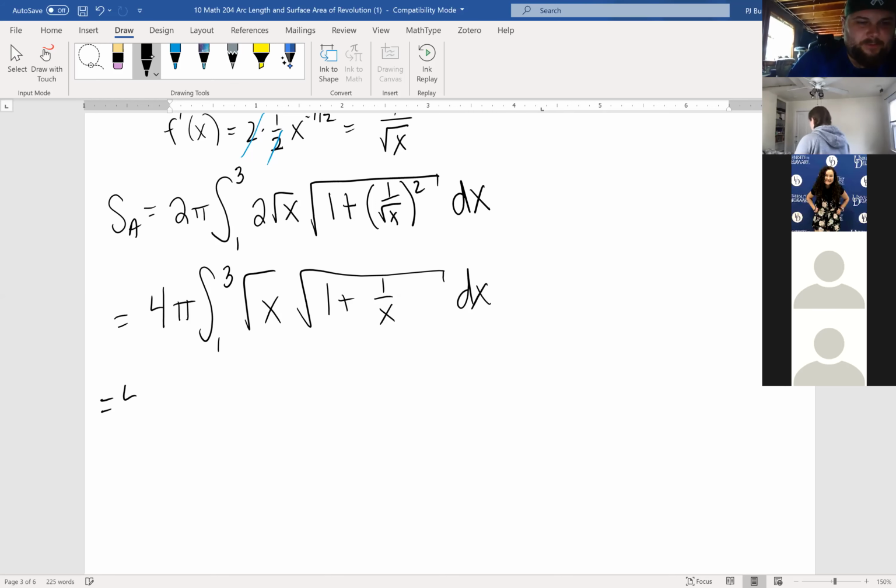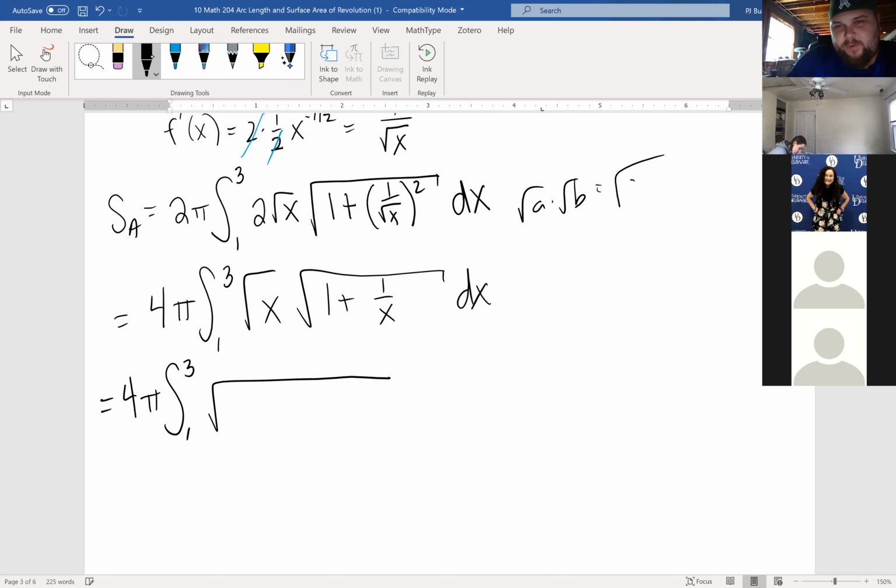I'm not sure why, but a lot of people's first instinct is not to do that. They want to try to integrate right here. And it's not the best choice. Because these are both square roots, the square root of a times the square root of b is just square root of a times b.